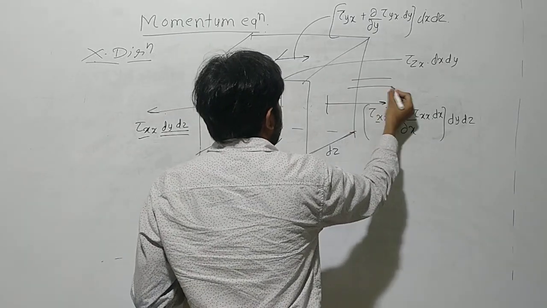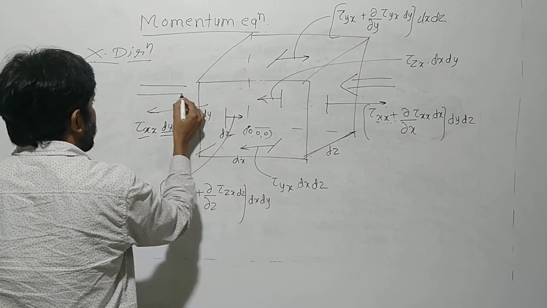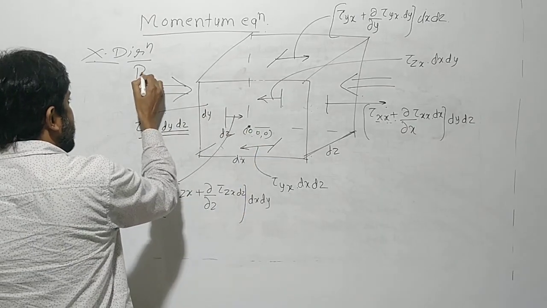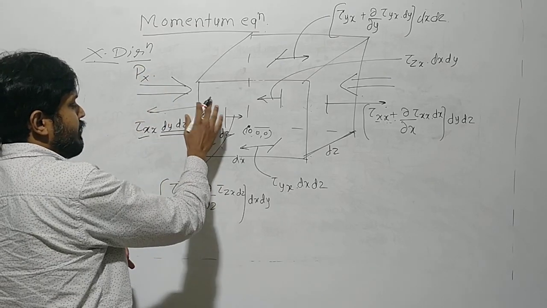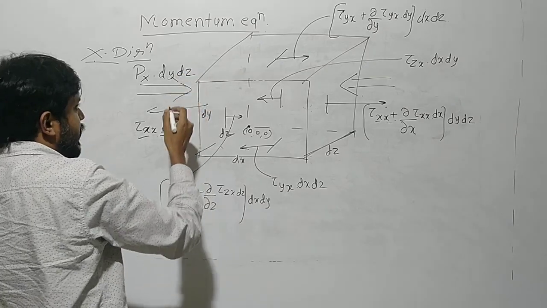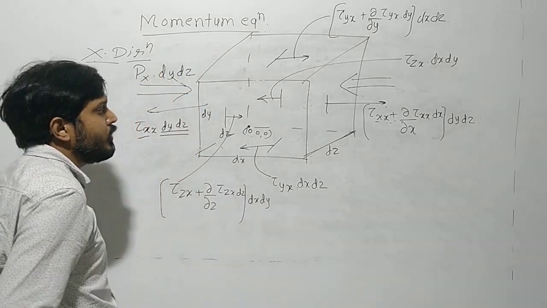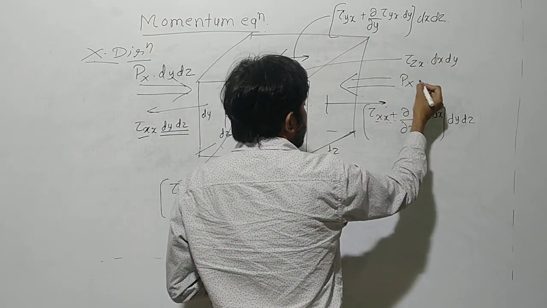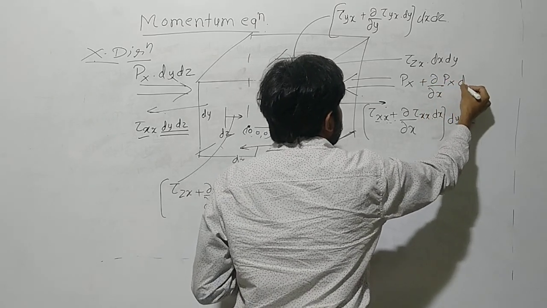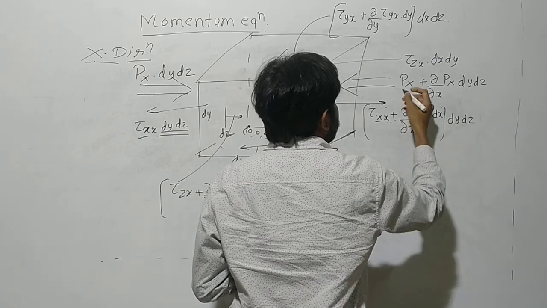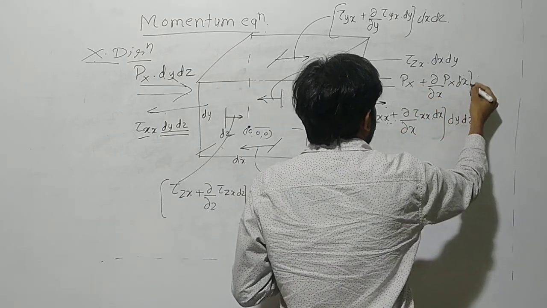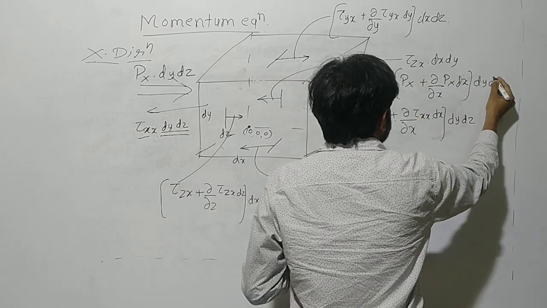Near the origin, pressure Px in the x direction, with cross section dy into dz. The pressure change will be Px plus del by del x of Px dx, into dy dz.